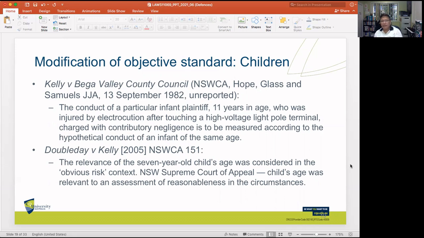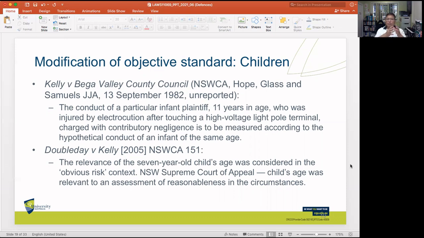The court said that the objective standard in that particular case, dealing with an 11-year-old child, should be adjusted in terms of what the hypothetical conduct of an infant of the same age should be. So there is a modification of the objective standard. It is still an objective standard because it doesn't look at the peculiarities or subjective characteristics of an 11-year-old as an individual.